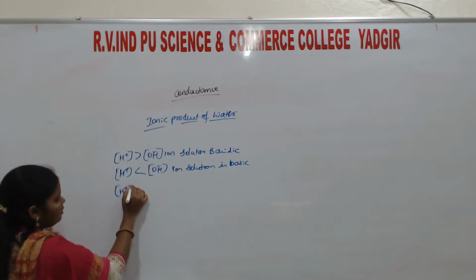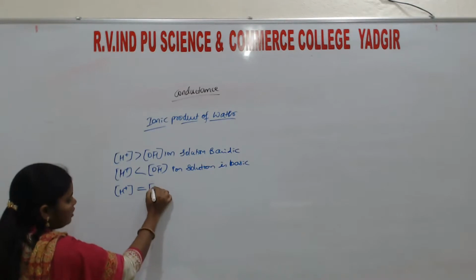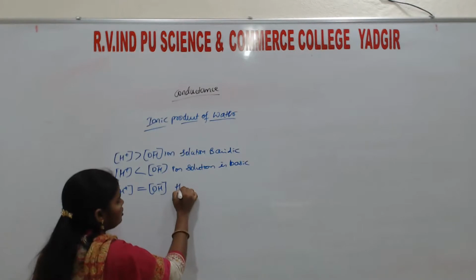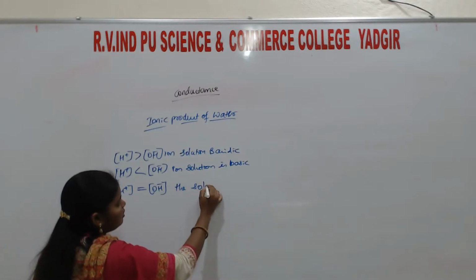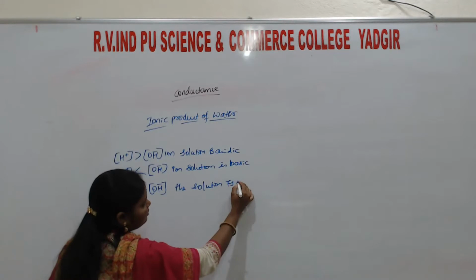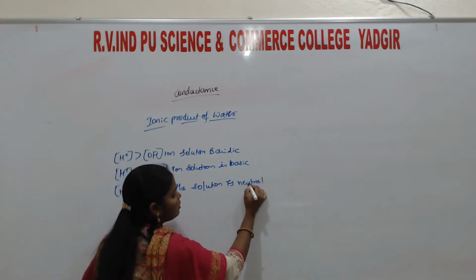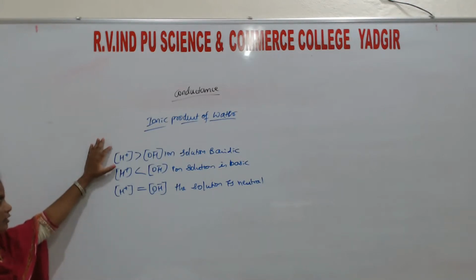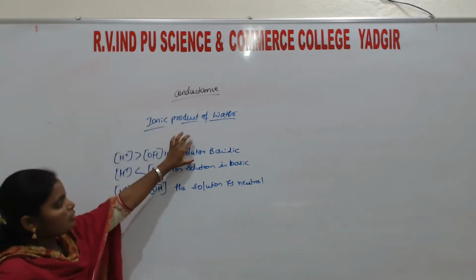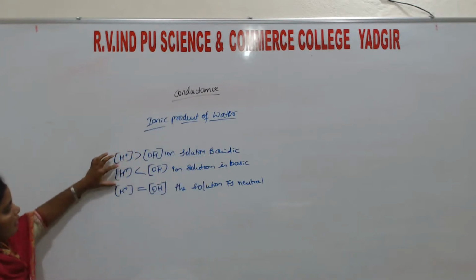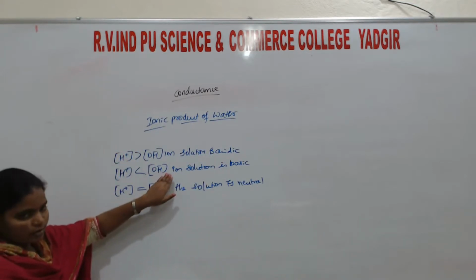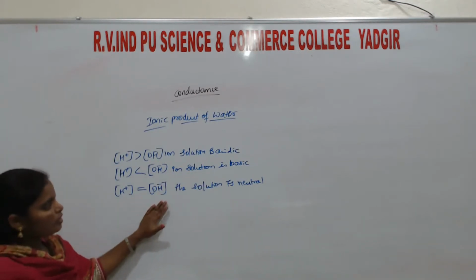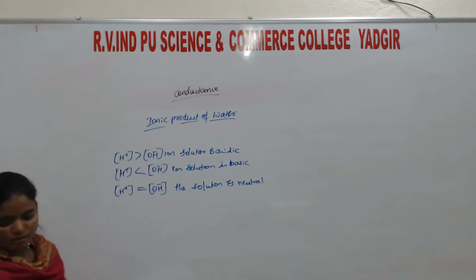To summarize, when the hydrogen ion is greater than the hydroxyl ion, the solution is acidic; when the hydrogen ion is less than the hydroxyl ion, the solution is basic; and when the hydrogen ion is equal to the hydroxyl ion, the solution is neutral.